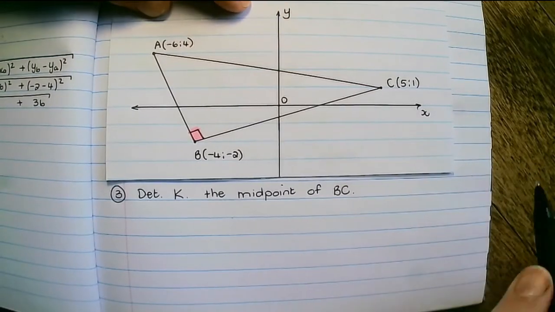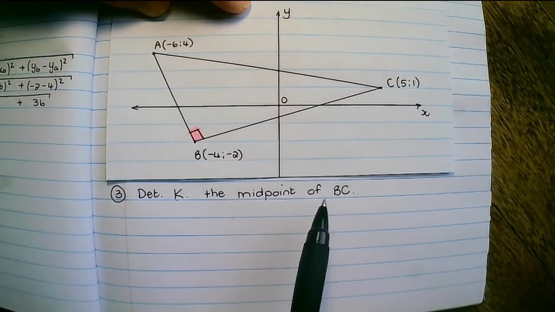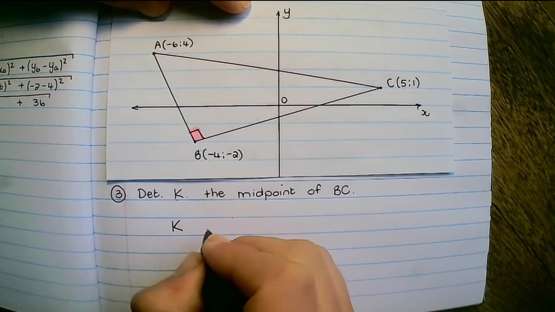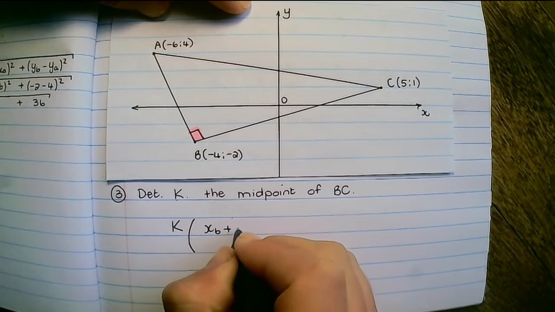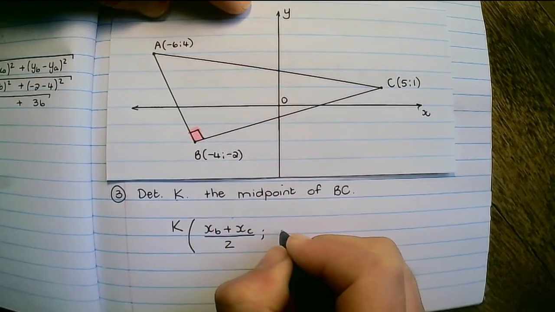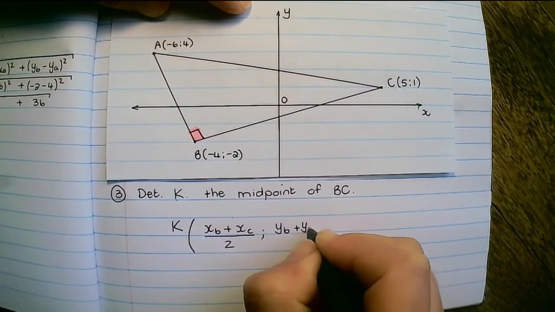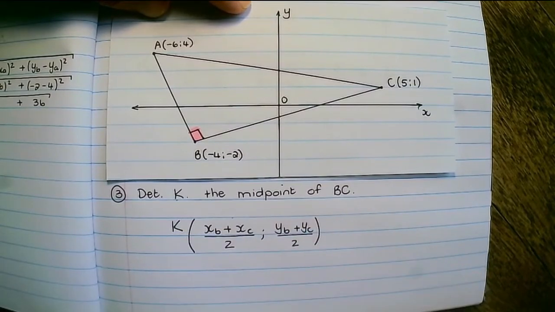Our third question is to find the coordinates of K, the midpoint of BC. So K is the midpoint between B and C. So it is the x values added together divided by 2 and the y values of B and C added together divided by 2.